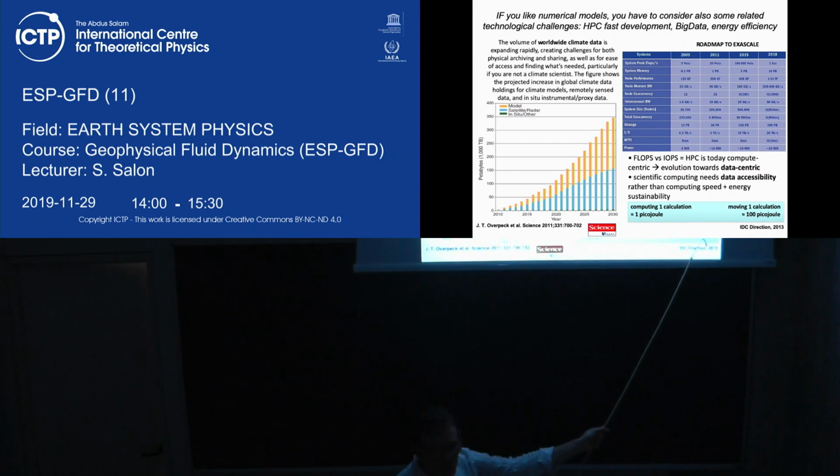But if you move data, you are requesting something which is 100 times more than computing. Okay, so moving data is much more expensive than computing. Something like this, maybe 10 or 15 years ago, was completely crazy. No one was thinking about it. But today, we are going to this level.